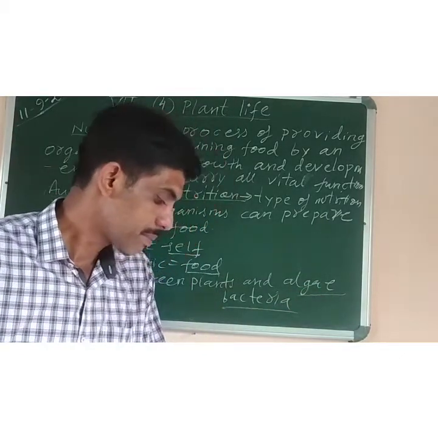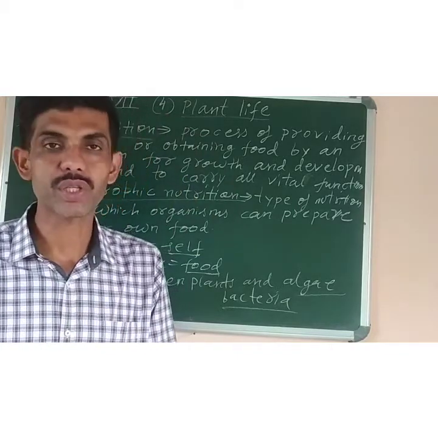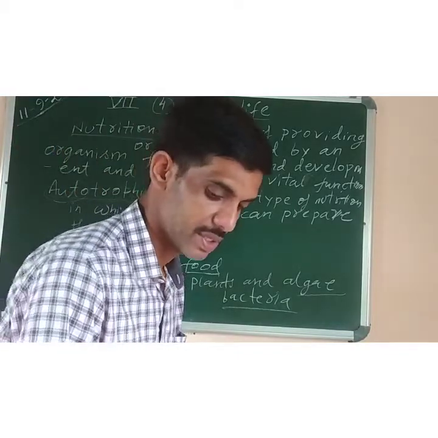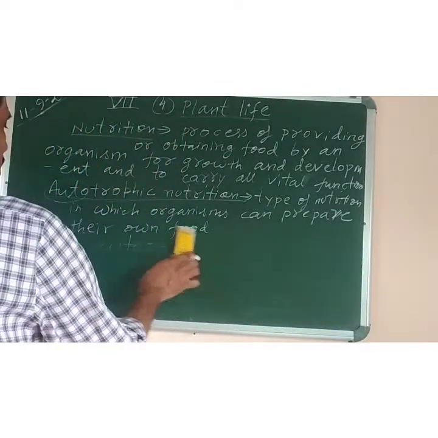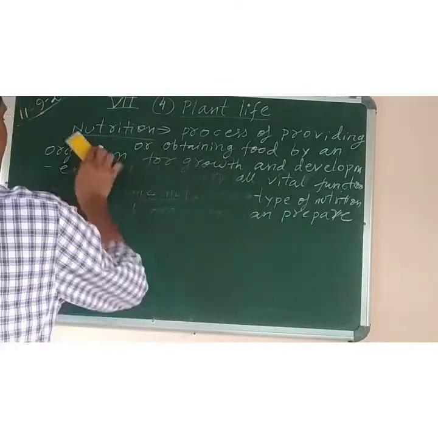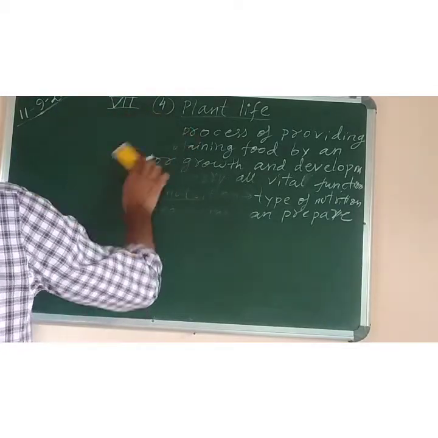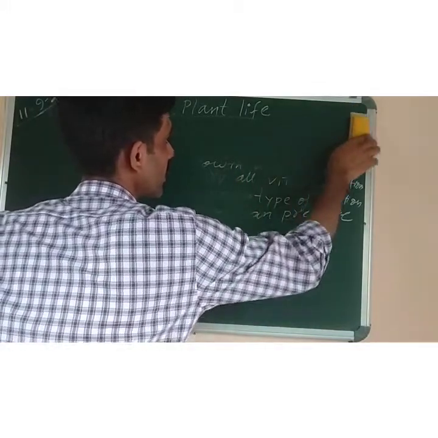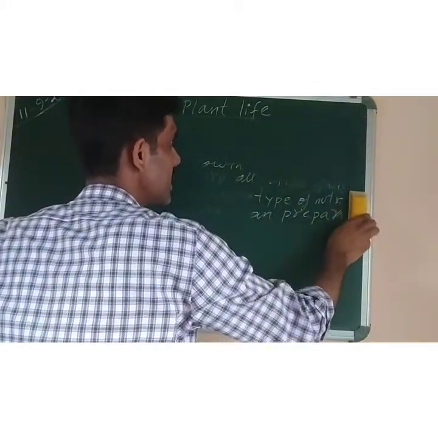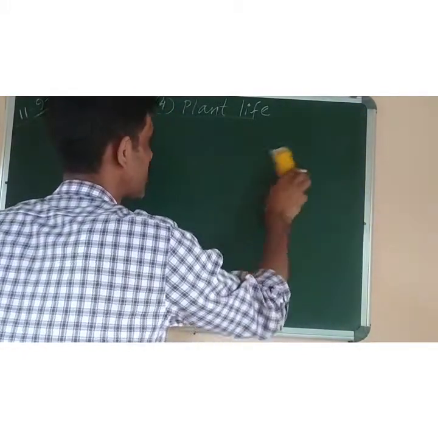Now next, plants make their food by a process called photosynthesis. So what is photosynthesis? Photosynthesis is the process by which green plants can make their own food. So we will study photosynthesis now. Okay, what are the raw materials needed for carrying out photosynthesis?